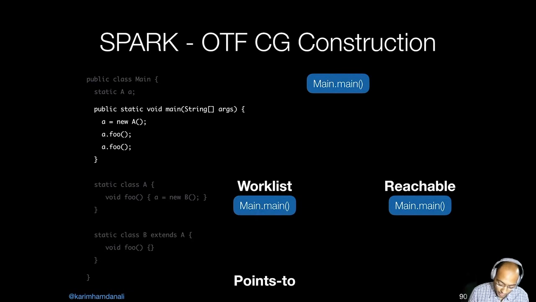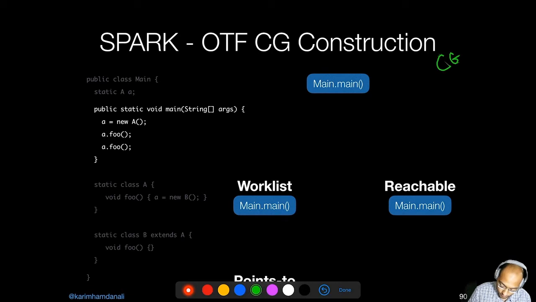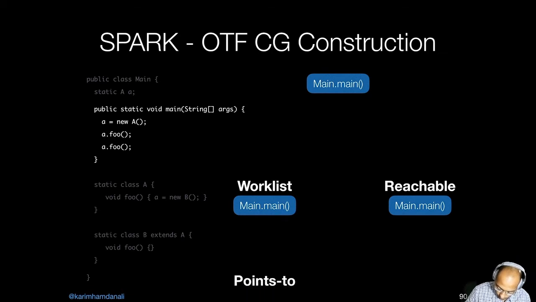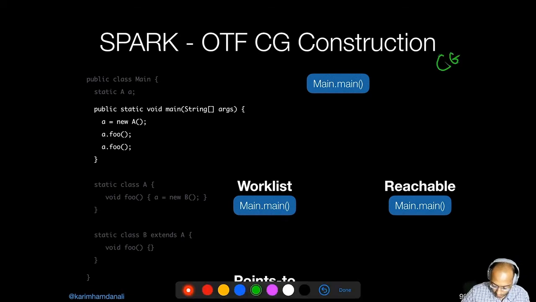Up here, I'm constructing the call graph. Down here, I have my points-to set. And here I have my work list, and here I have my reachable methods.